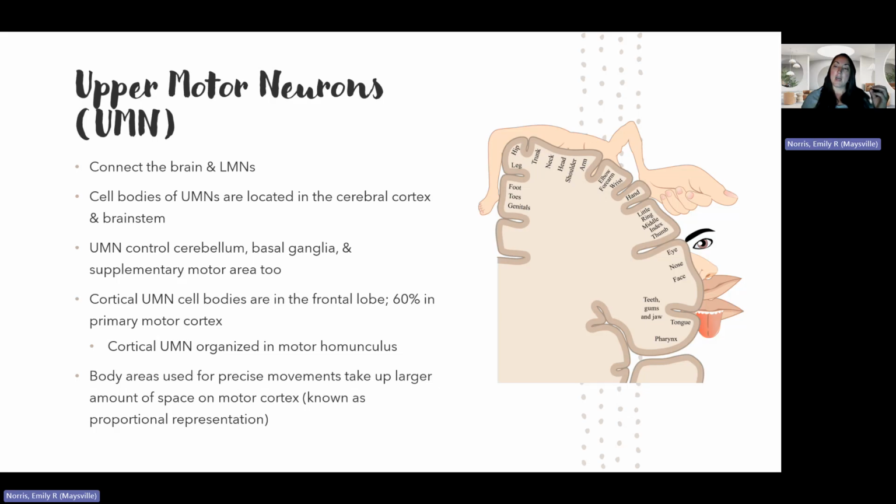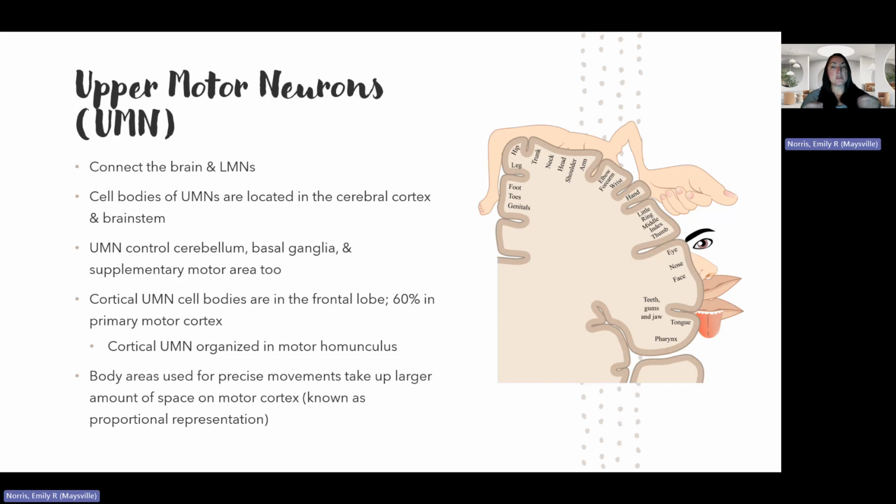All of the brain areas devoted to moving the hand are located in one area, and the body areas that need more precise movements, like the tongue or the hand, actually take up larger amounts of space in the brain than your trunk, which doesn't have to have such precise movements. This is known as proportional representation.